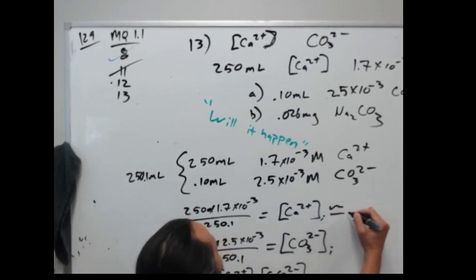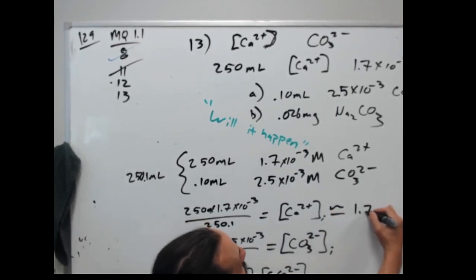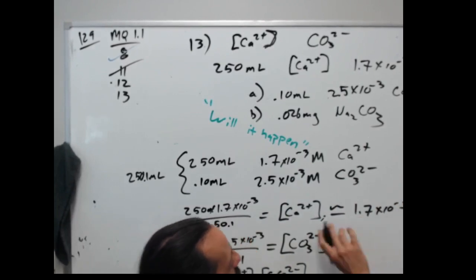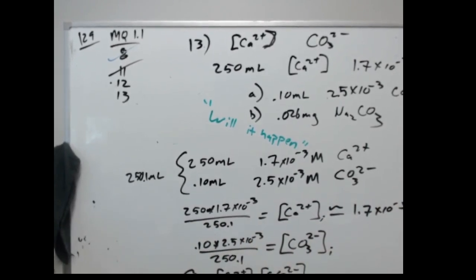This one is going to be approximately 1.7 times 10 to the minus 3 still. Our calcium concentration isn't really going to change. Our carbonate concentration is going to be dramatically different. It's going to be really small. And that 1.7 is the concentration of calcium ion.